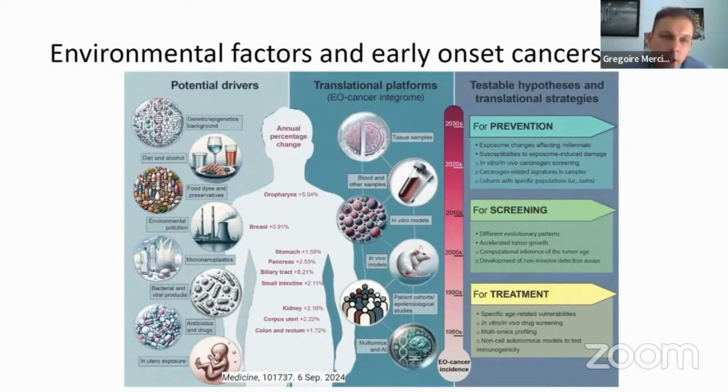And I went through this very interesting paper, which is trying to explain why we see in lots of developed countries an increased prevalence of early onset cancers. So that's cancer diagnosed at an early age. And so you can see very alarming, very dramatic increases. That's American figures. For instance, biliary tract cancers increase by almost 8% at an annual percentage change rate. So that's really huge.